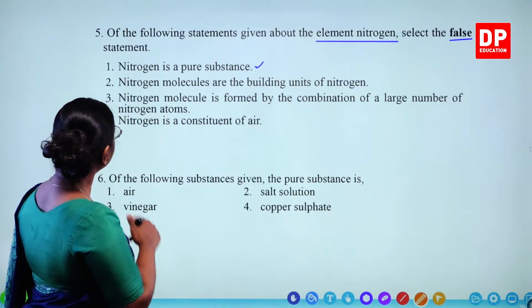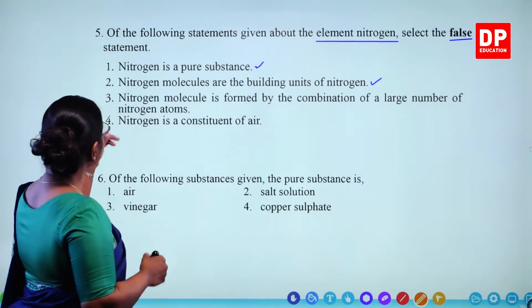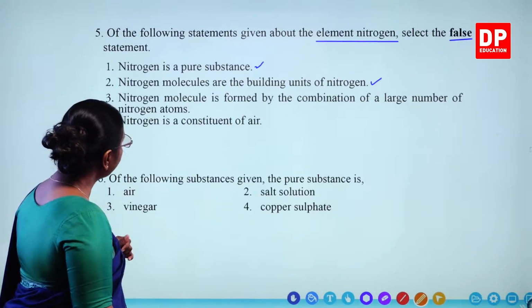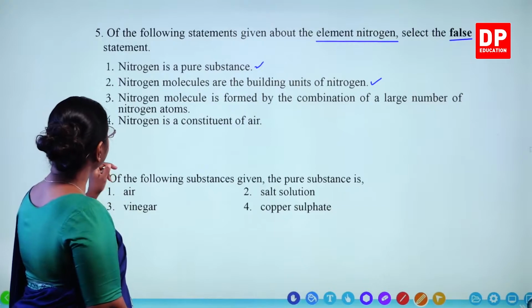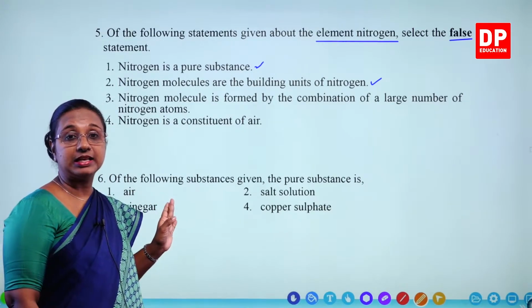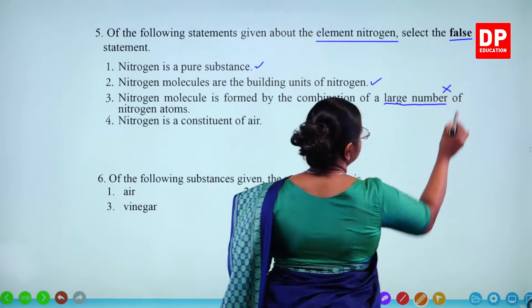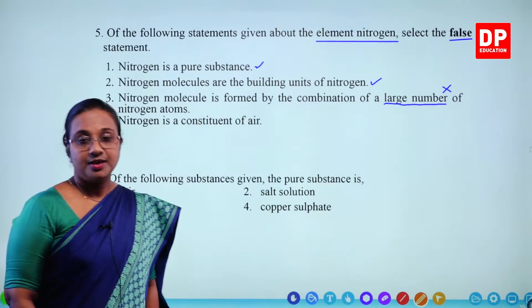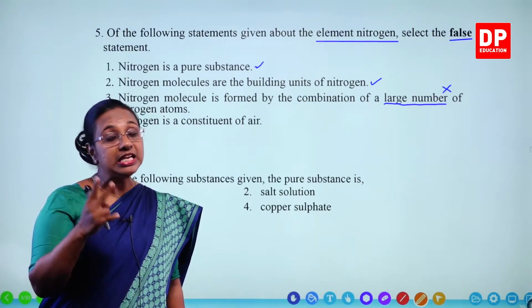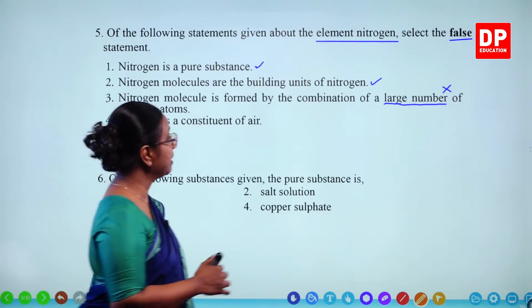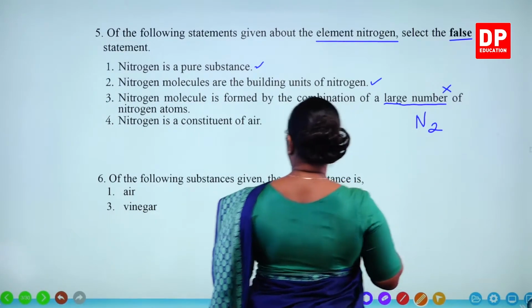Second one is also correct. Then the third statement, nitrogen molecule is formed by the combination of a large number of nitrogen atoms. Is that correct? This part, the large number of nitrogen atoms, is not correct. Why? It is only made up of 2 nitrogen atoms. N2 molecules. You all can remember that. We have written the chemical formula, N2 molecules.